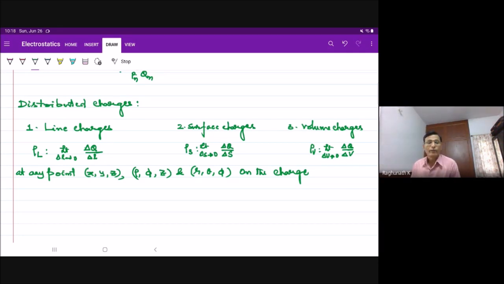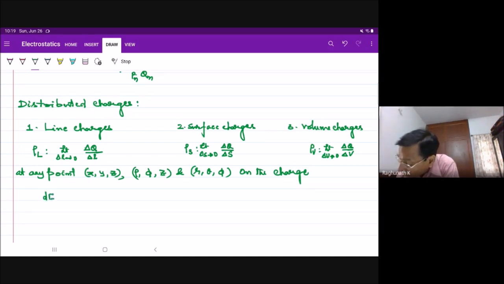Listen carefully. The electric field intensity at some point because of a line charge is what?